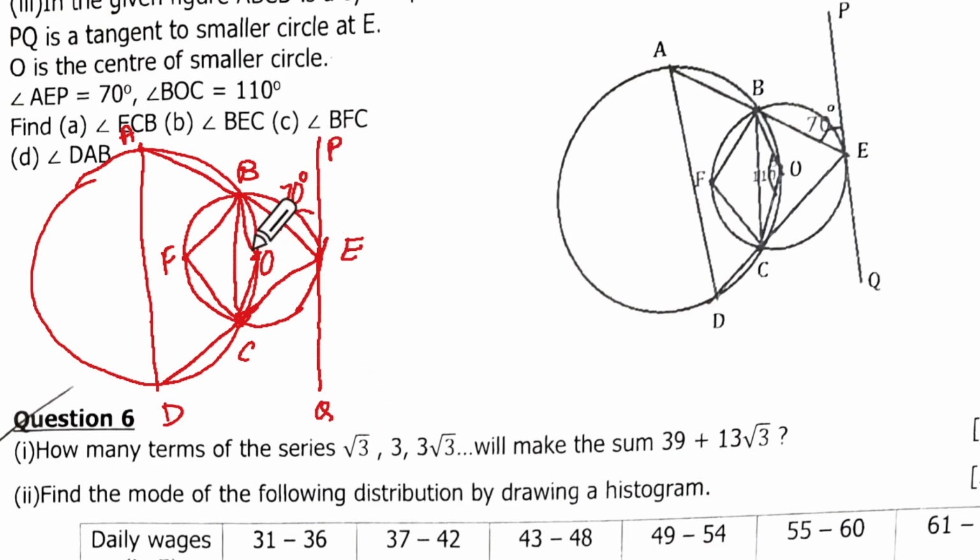BOC, this one is 110. I don't have space here. 110. How will I show it?